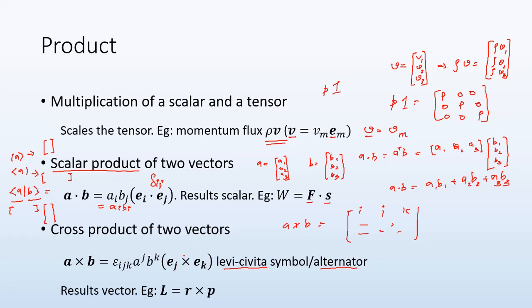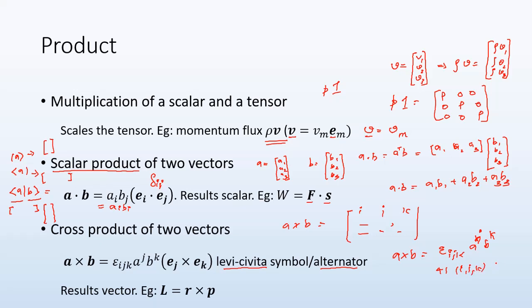In summation notation we will just ignore this and write A cross B is equal to epsilon ijk A_j B_k.